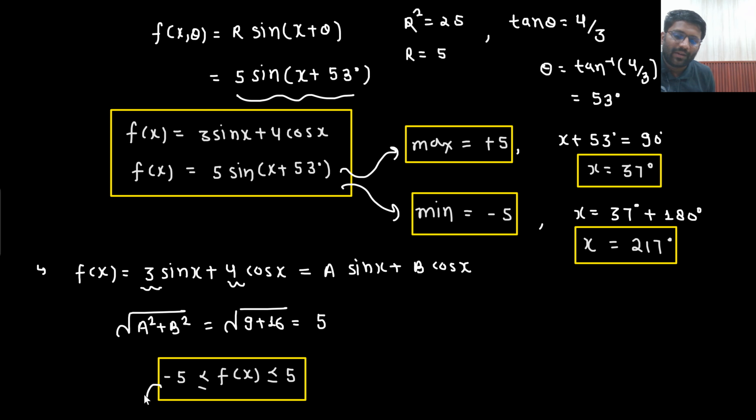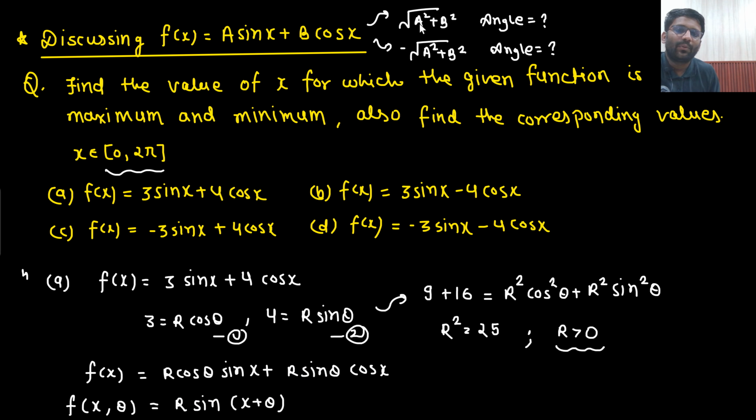So this will be the minimum value it will have, and this will be the maximum value it will have. So this is something that you will remember, under root a square plus b square. Now even if the value is positive or negative, you would know that the square would become the same. Like here, if you want to find out the maximum value, what will you do? Under root 3 square plus minus 4 square, right? Here the value of b is negative, no? What answer will you be getting? 5.